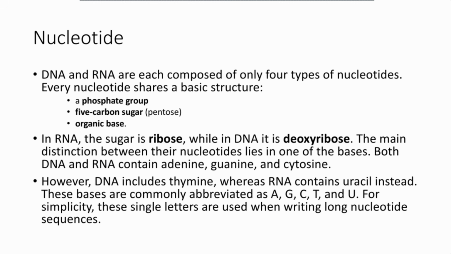So with DNA, you only have A, G, C, T, while in RNA you have A, G, C, and U. It stands for adenine, guanine, cytosine, thymine, and uracil. So just to make it easier, sometimes we use only the single letters to depict the bases that are present.